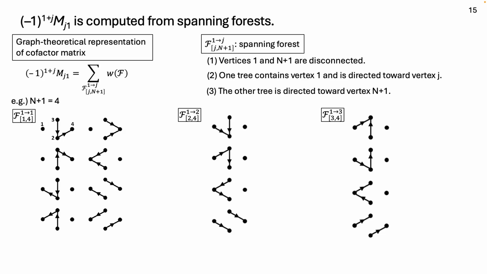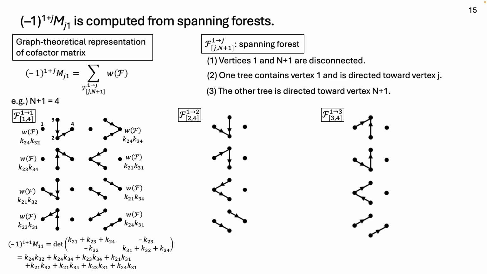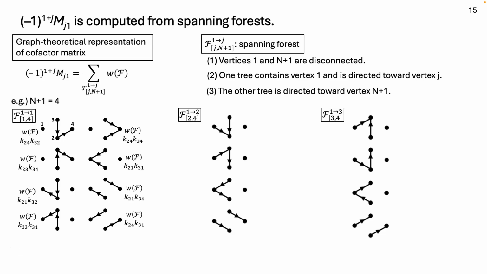And in this case, the weight matrix is here. For this case, W(F) is K24 times K32. In this case, K23 times K34.